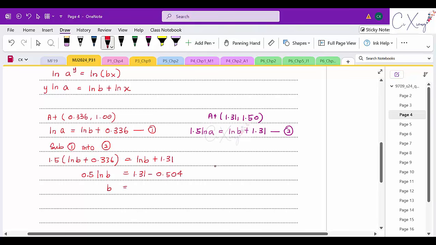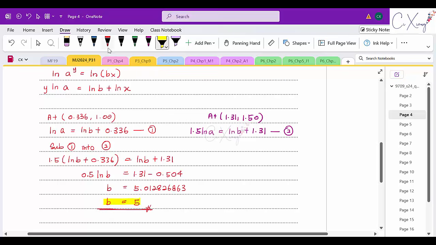To get rid of the ln, you have to bring the base e over. When you bring the base e over and press the calculator, by right you will be having 5.0128. Since they asked us to correct our values of a and b to the nearest integer, the value of b should be 5.